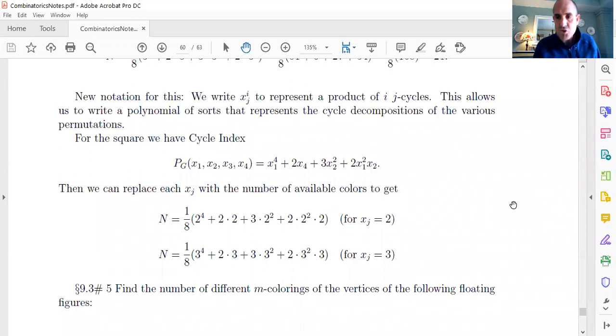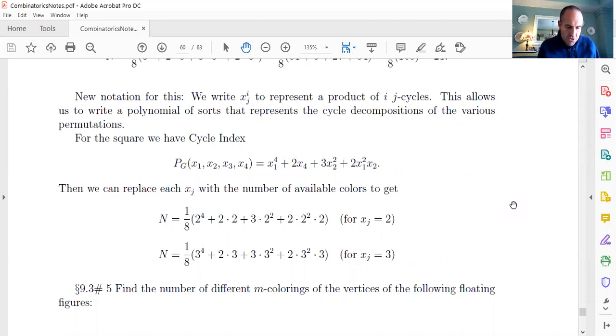So clearly we need to keep track of the number of cycles in a given permutation. Once we know the number of cycles, we know the number of colorings that are going to be fixed by that permutation. Again, the permutation is an element of the group. We want to know how many things it fixes because of Burnside's theorem.